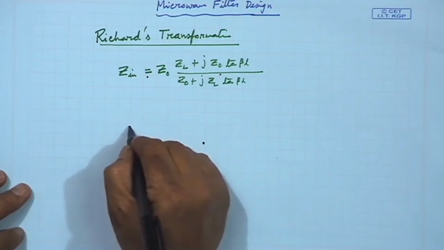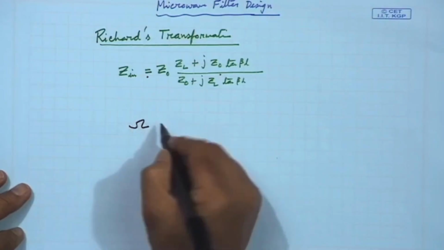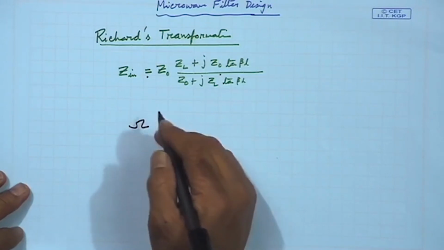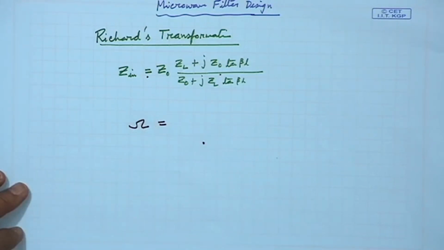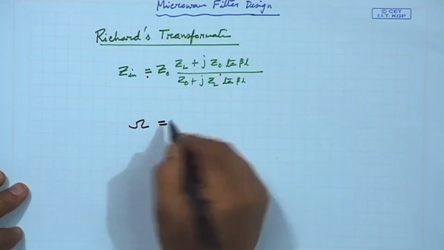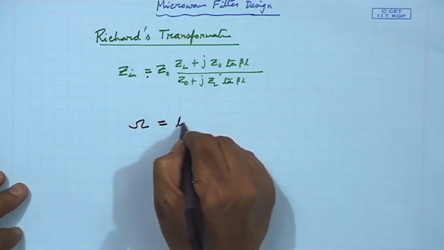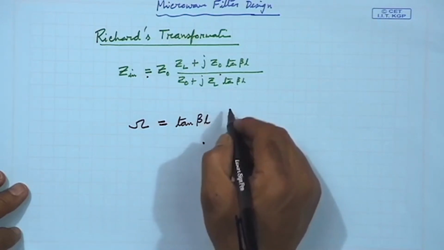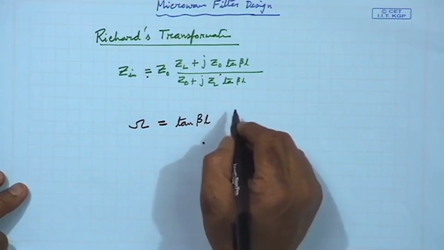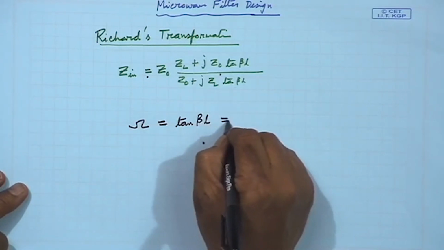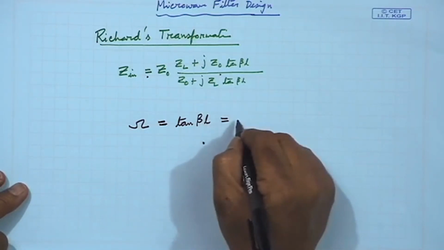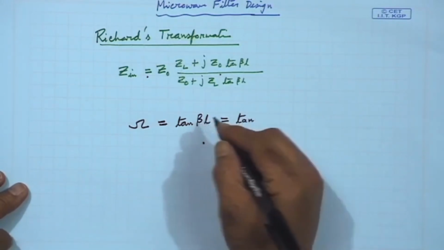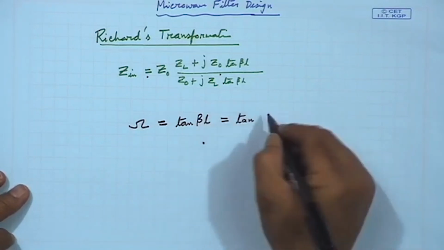So, let us have a mapping, let us define a capital gamma equal to tan beta L. We know that in a transmission line the frequency is inside beta.